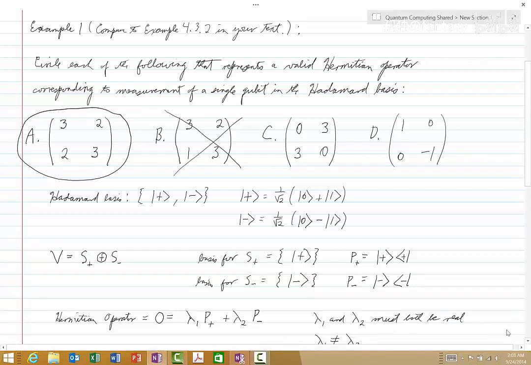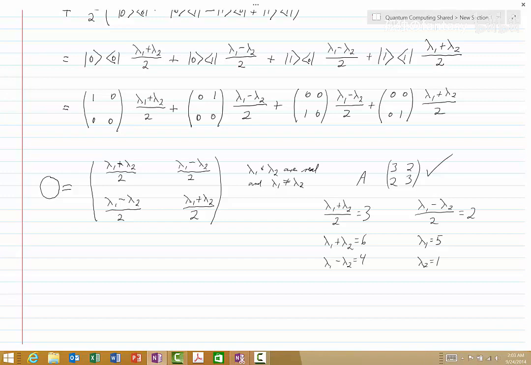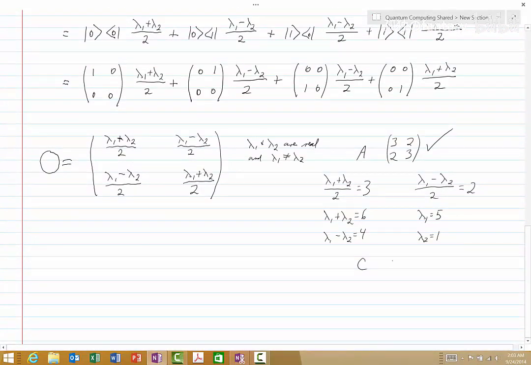Now let's examine C: 0, 3, 3, 0. Notice this is a Hermitian matrix because these two numbers are complex conjugates of each other.